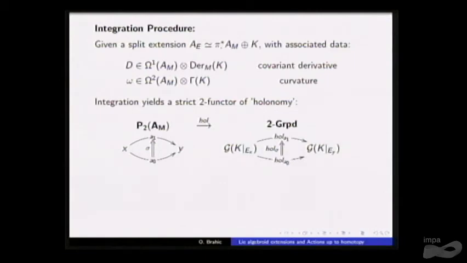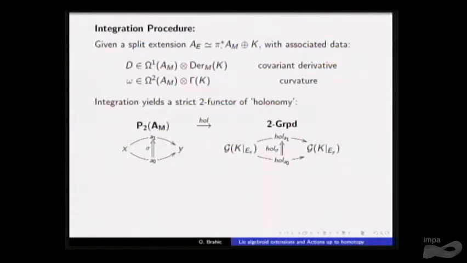So what I want to explain, if I manage to do it, is what is a strict two-functor and why this is more geometric than it looks. Because it seems like I'm getting even more algebraic, but this is false.